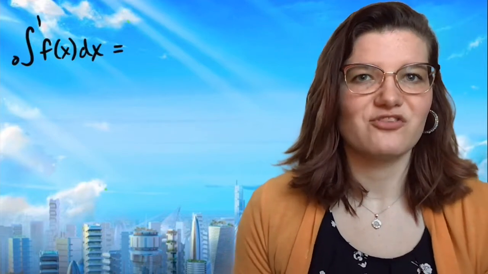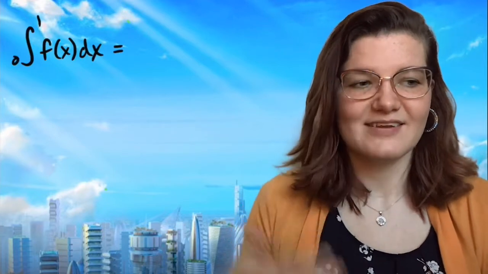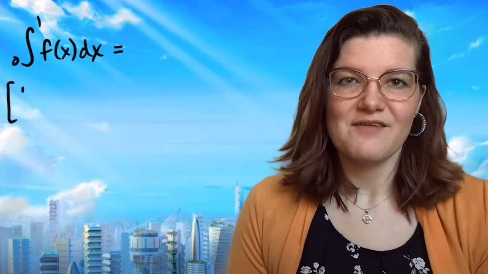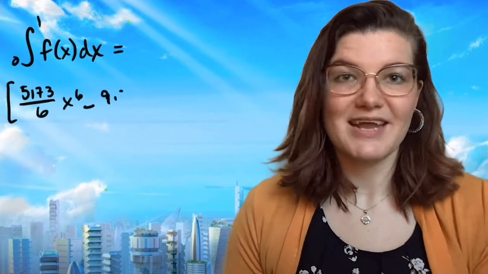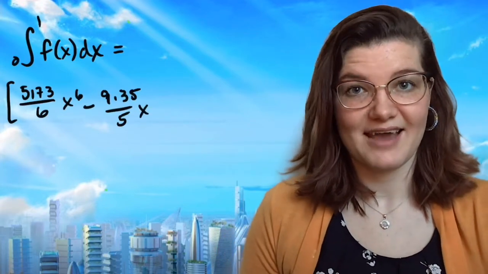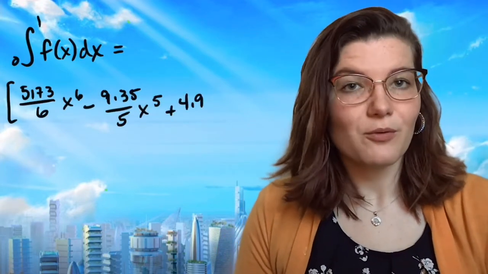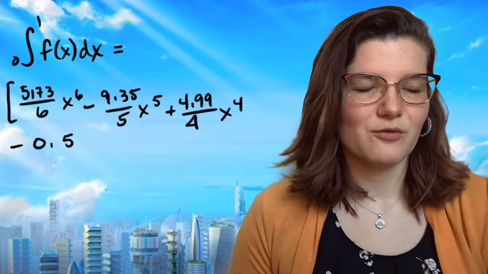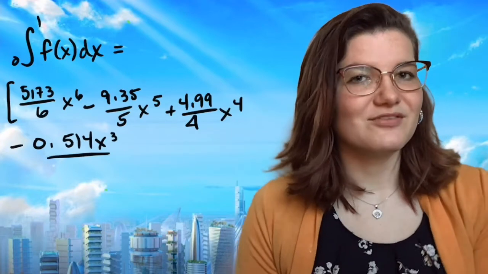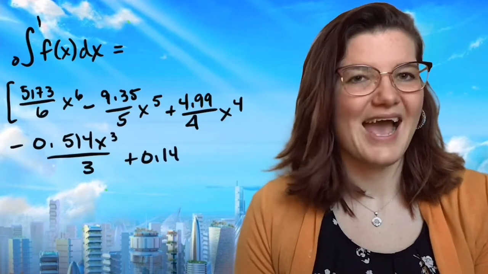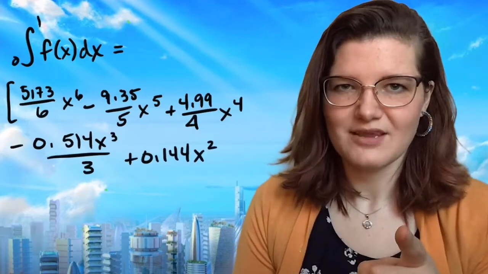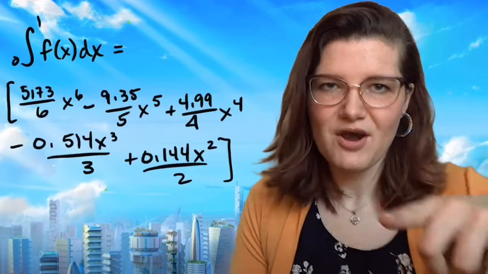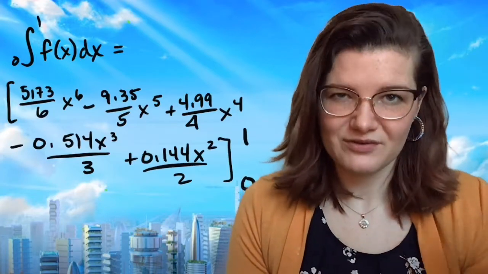So we're just going to do that with each of our components to get an equation that now reads 5.73 over 6, x to the 6th, minus 9.35 over 5, x to the 5th, plus 4.99 over 4, x to the 4th, minus 0.514 over 3, x cubed, plus 0.144 over 2, x squared. Don't forget your plus c, because it's still an integral, and then you put that bar, and we're going to evaluate this from 0 to 1.